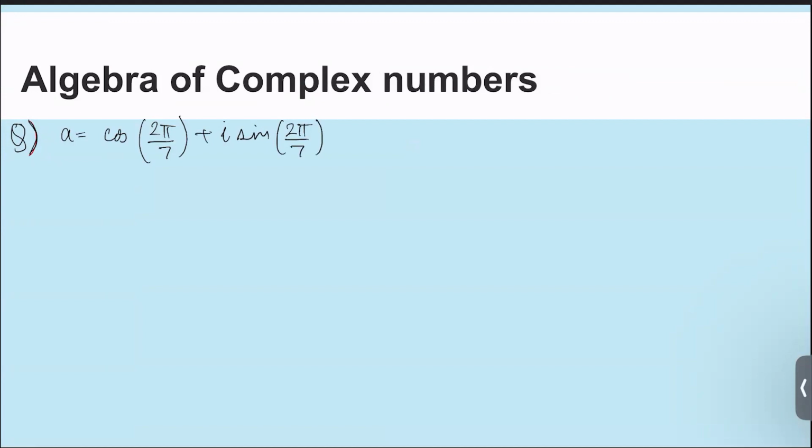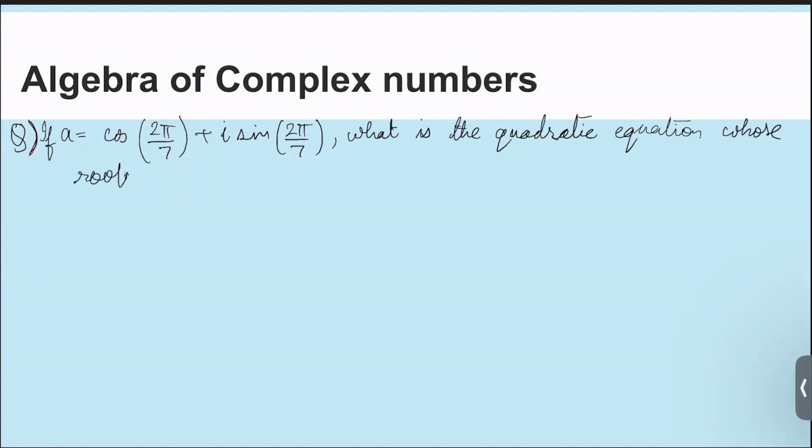If this is the condition that you're given, what is the quadratic equation whose roots are alpha equals a plus a squared plus a to the 4, and beta is equal to a cubed plus a to the 5 plus a to the 6.